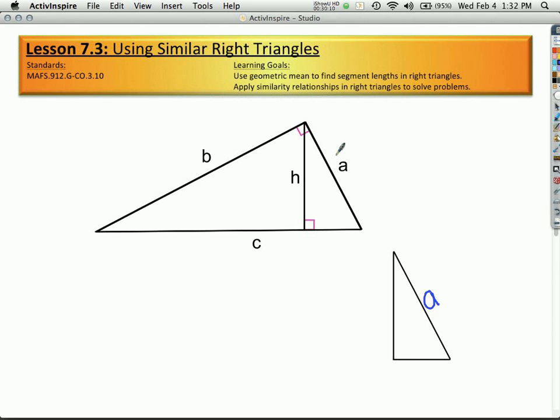So the short leg of the big triangle becomes the hypotenuse of the small triangle. What about this side? What would we label that side? H. That's going to be H. So in this big triangle, that's actually not one of the sides, that's the height. And that height all of a sudden becomes the large leg of this right triangle.